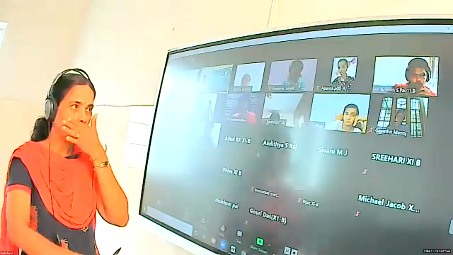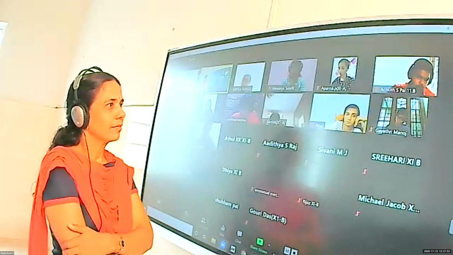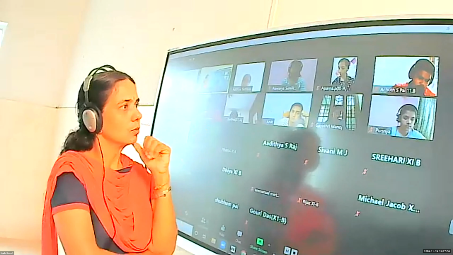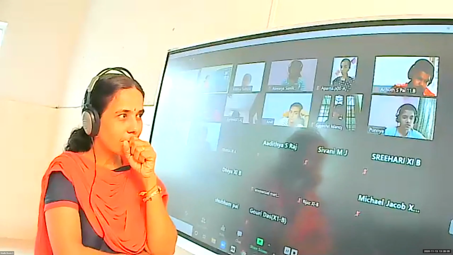C will be 0. Yes, correct, what you said is correct. C is 0, so F1 and F2 will become the same point. In that case, the ellipse will become a circle.